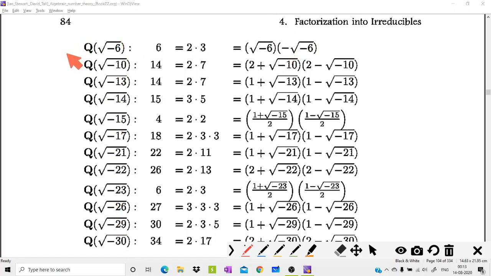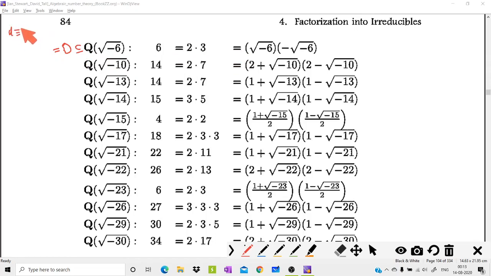One thing you should remember is that you are considering the ring of integers of this Q of root minus 6. So in order to prove this factorization is not unique, you need to consider the general form of this O. That means the classification of the ring of integers.